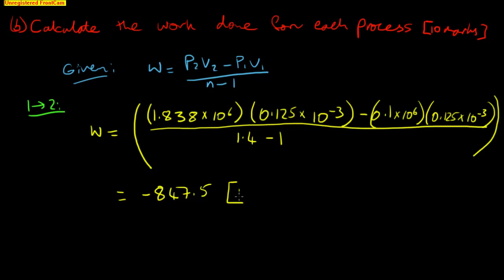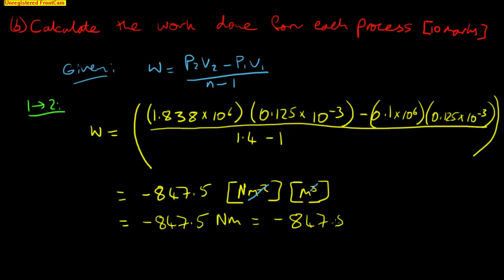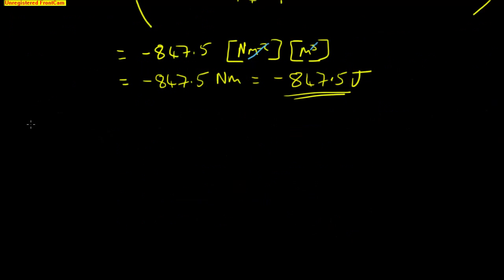We come to minus 847.5 newtons per meter squared by meters cubed. So we can simplify this as the meters cancel into minus 847.5 newton meters, which is equal to minus 847.5 joules. So newton meters are equal to joules. This is where your units come in handy.